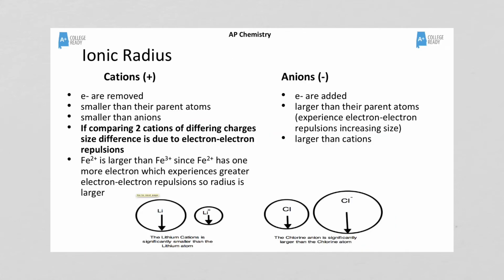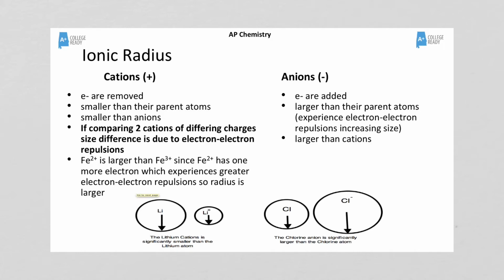Ionic radius. Notice the pictures kind of give you a good depiction of this. When a neutral atom loses an electron, its size decreases, and when a neutral nonmetal atom gains an electron, its size increases. And again, you might have to explain why.